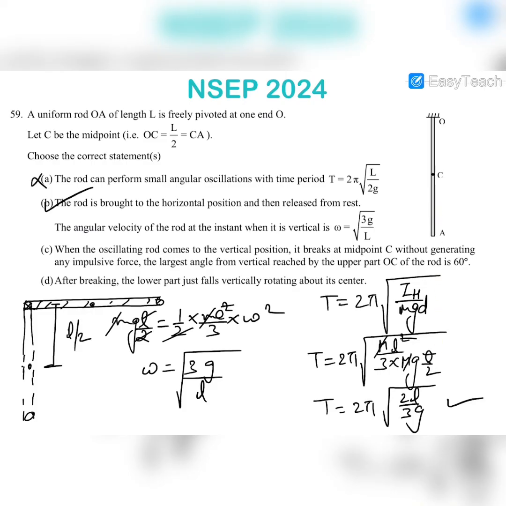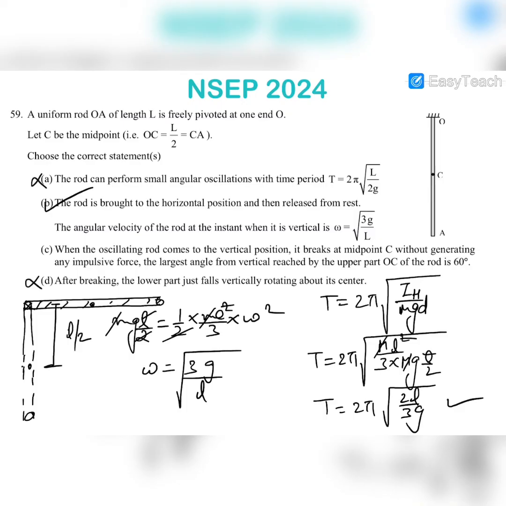This is wrong because just before the breaking off, the velocity of the COM of the lower part will be in this direction, and just after the breaking off it would go in a parabolic manner like that, rotating about the center. The COM will go in a parabolic path. So obviously option D is incorrect.